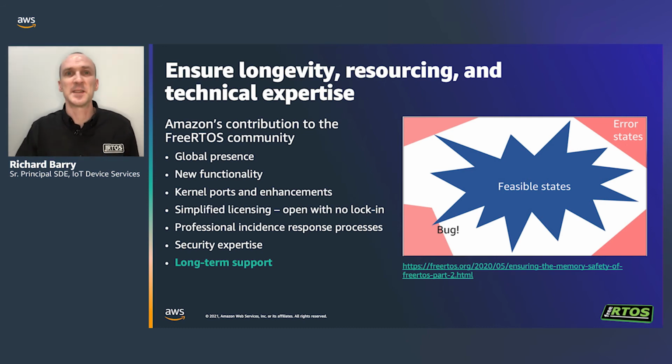Okay, so the next thing then, business continuity. We're returning to this, we mentioned it before. Business continuity is obviously very important. Your supplier has to be there longer than your products are in the market. Hopefully longer than your business is going to be in the market. And this is really where companies like AWS sponsoring products like FreeRTOS brings huge value to the entire embedded community.